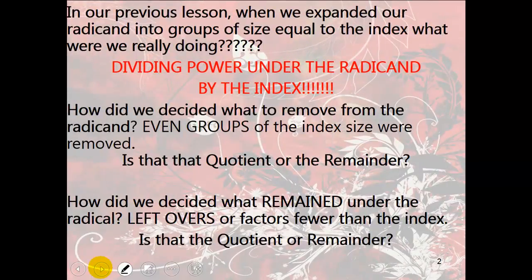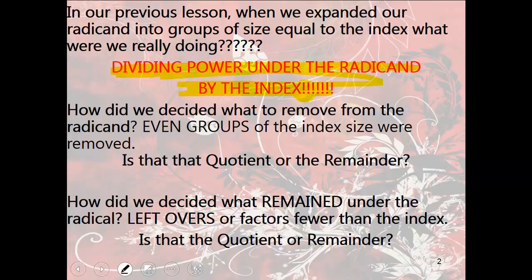So let's think about what we were doing when we expanded and then grouped our factors to the size of the index. Really what we were doing was dividing the power under the radicand by the index.